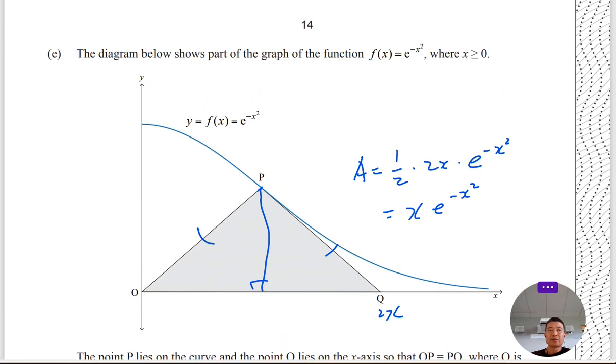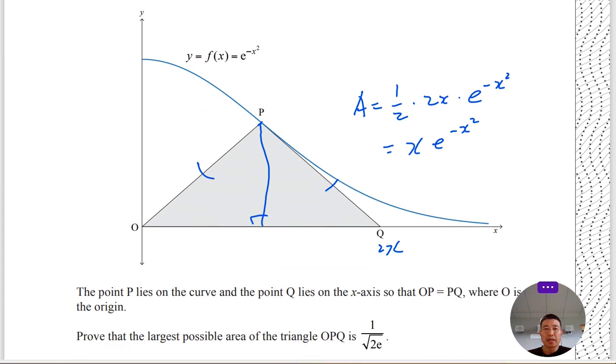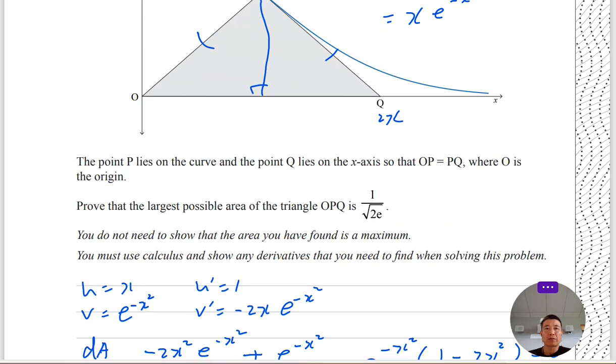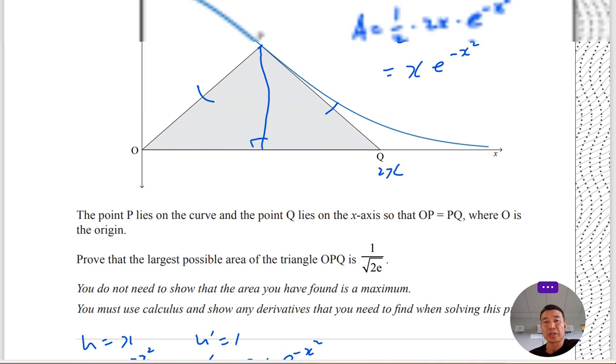The diagram below shows part of the graph of the function f of x is e to the power of negative x squared, where x is greater than or equal to 0. The point P lies on the curve and the point Q lies on the x axis, so that OP equals PQ, where O is the origin. Prove that the largest possible area of the triangle OPQ is 1 over square root of 2e.